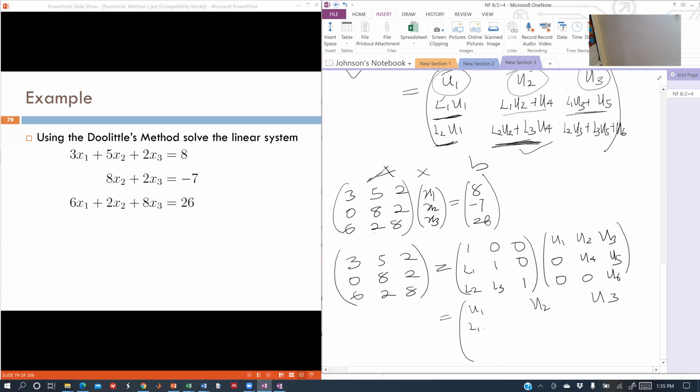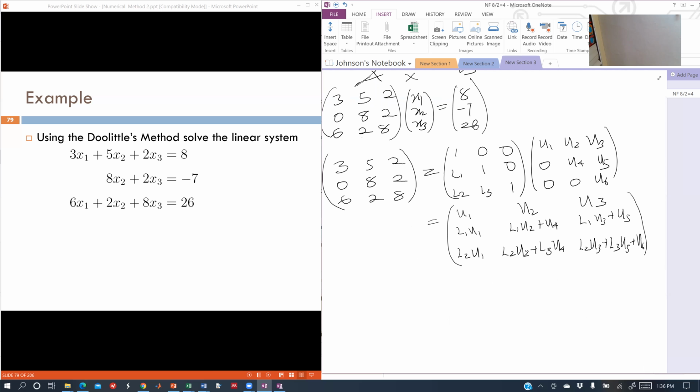Then we have L1 U1, then L1 U2 plus U4, then L1 U3 plus U5, then L2 U1, then L2 U2 plus L3 U4, then L2 U3 plus L3 U5 plus U6.